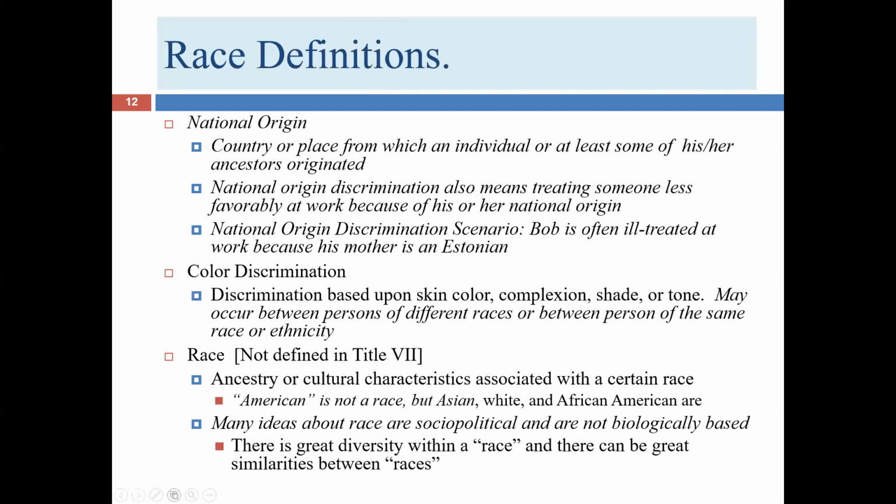I may have an appearance that people identify as having an African descent. For example, darker skin, darker hair, dark eyes, those types of things. So you could say in that situation, national origin is pretty closely related to race, but they can be different concepts as well. Let's look here and kind of unpack the term national origin.